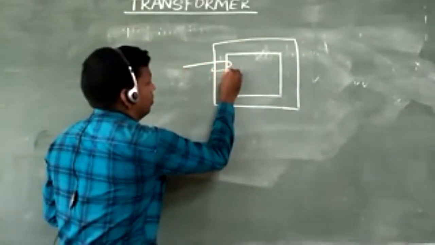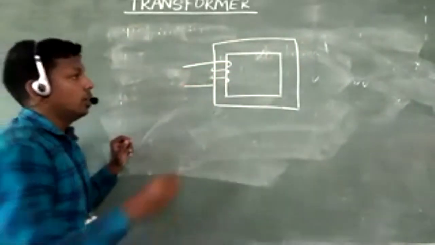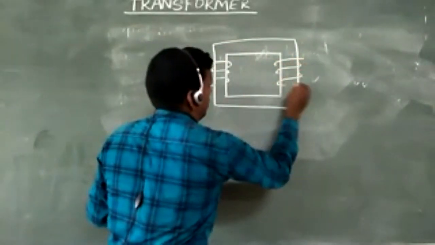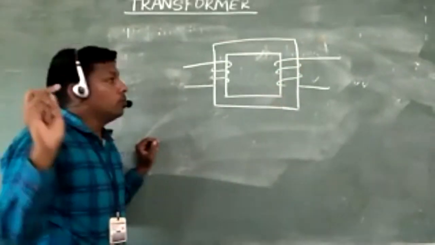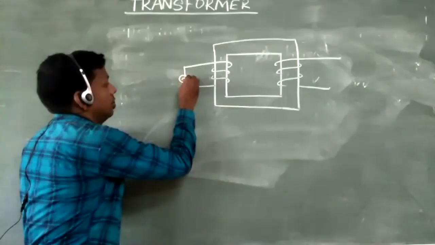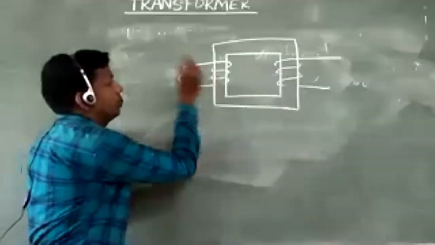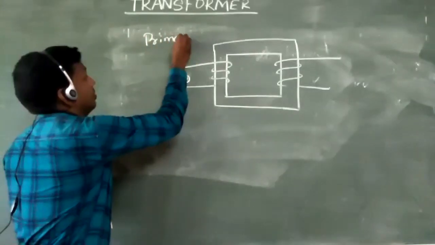One side of the core is wound with wire. On the opposite side, another winding is available. On one winding, I provide supply, that is AC supply. The winding to which the supply is provided is called the primary winding.